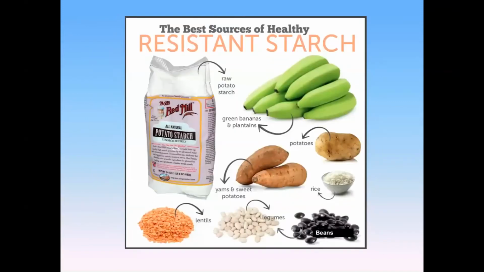The best sources of healthy resistant starch, which, as I said, also escapes digestion. So it's very important to know where we can get resistant starch, for example, raw bananas, sweet potatoes, lentils, all the legumes, beans, all can be high in resistant starch.